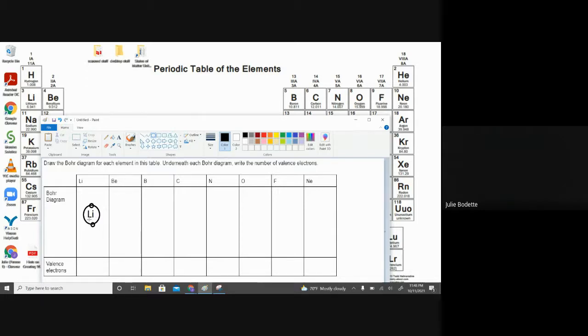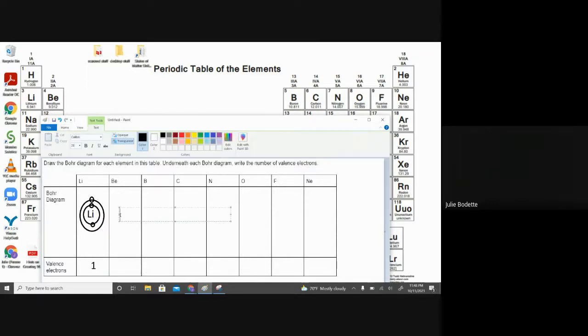The first shell is full, but lithium has 3 electrons, right? So we need 1 more electron. So we're going to draw another circle and put one right there. So this is lithium. The valence electrons, you guys should be able to figure this out. Remember, they are the electrons in the outer shell. So lithium has 1 valence electron.